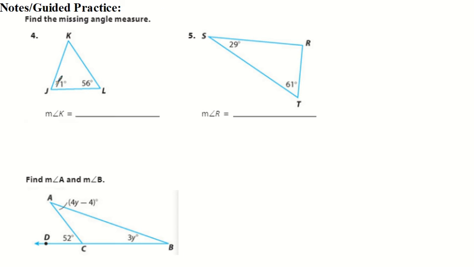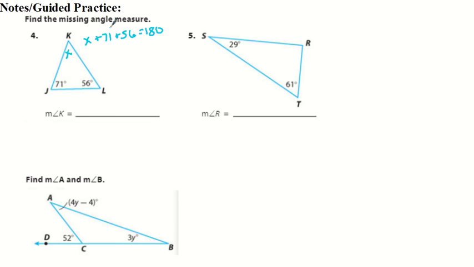So for this triangle, I have 71 degrees and 56. Well, I know if I take this angle, and this angle, and add them all up, it should equal 180. So I put x here because that's just a variable, right? So if I take the x angle, I add it with 71, and I add it with 56, it should equal 180. Really what we're doing is subtracting 56 from 180 and subtracting 71 from 180.